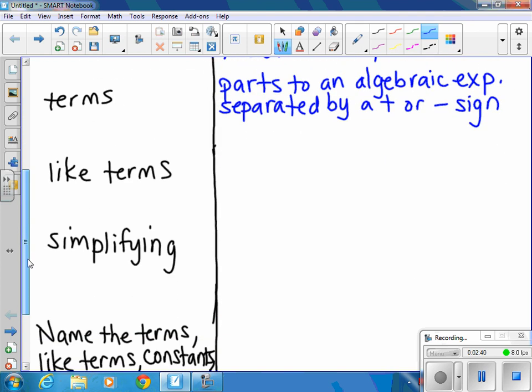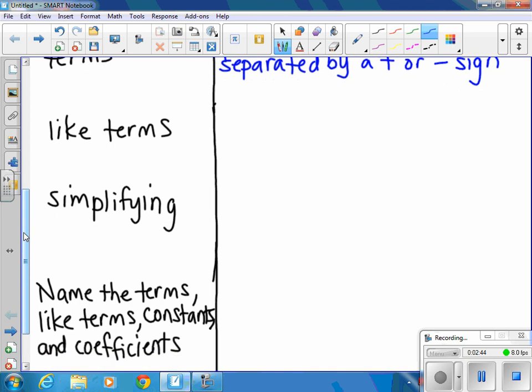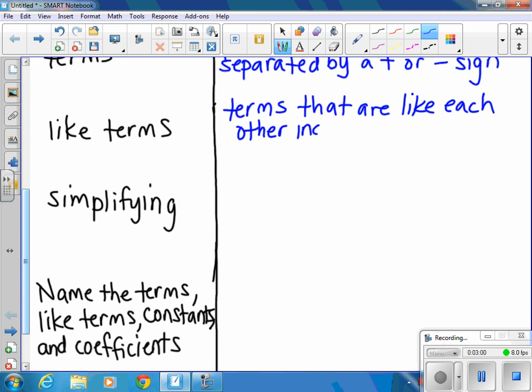In an expression you have like terms, and these are going to be your terms that are like each other. And the way that they are like each other has to be based on their variables and their exponents. So these are terms that are like each other, including variables and exponents.